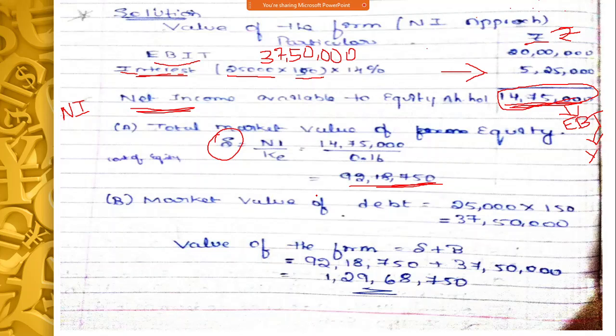So 14,75,000 divided by 0.16 would come up to 92 lakhs 18,750.